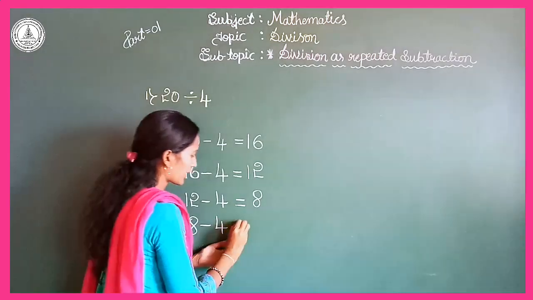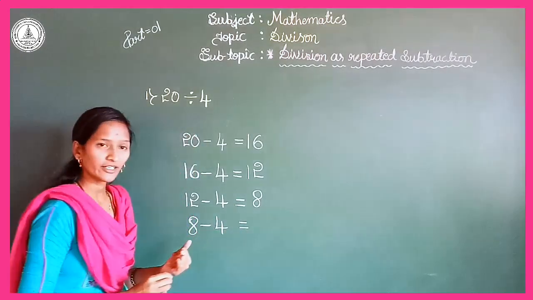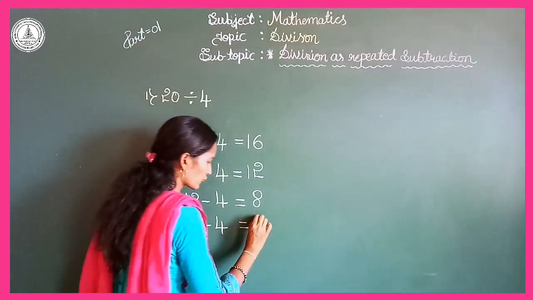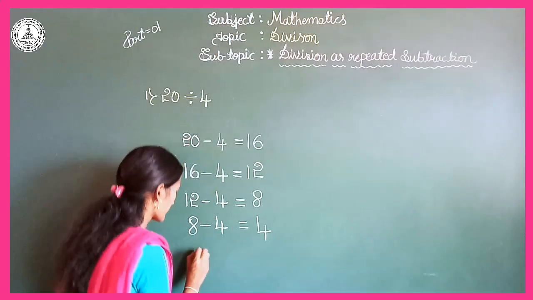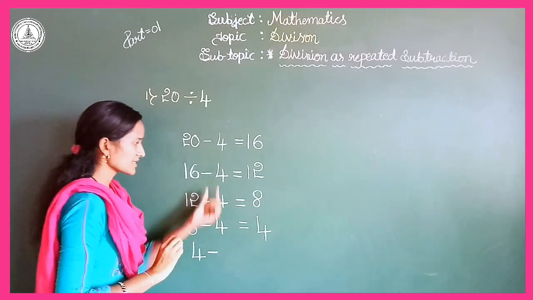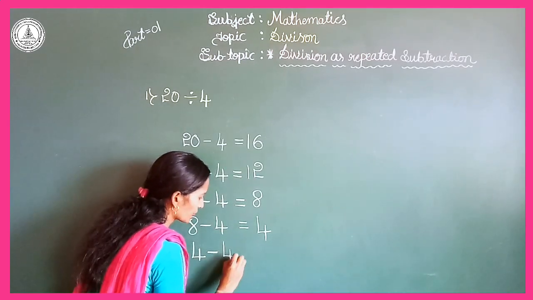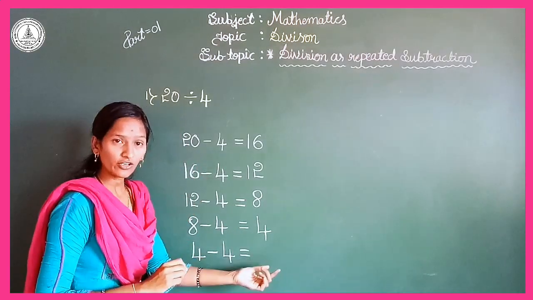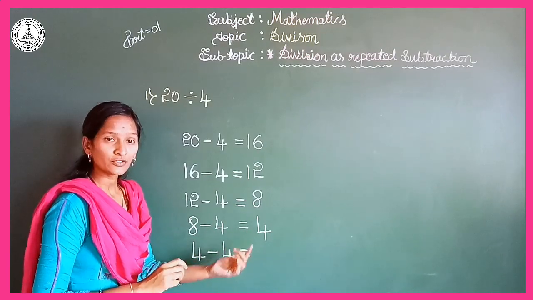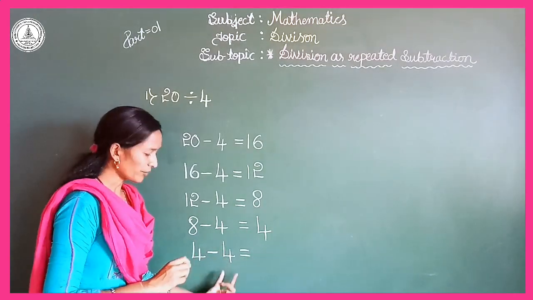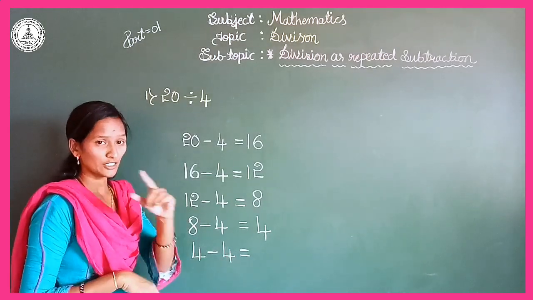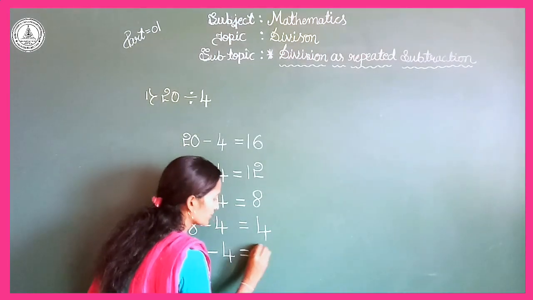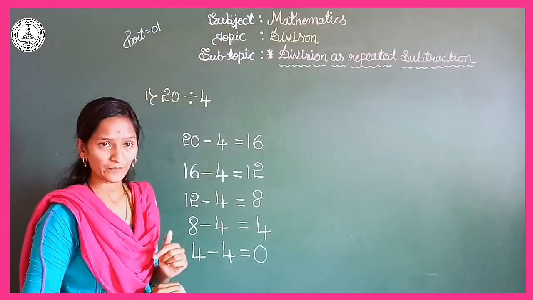Right? 8 minus 4 is equal to what? 8 minus 4 is 4. Right? So next, I am taking this number. So 4 minus the same number 4. 4 minus 4, what is it? If you subtract any number from itself, what will you get? You will get 0, right? So I am writing 0 here.